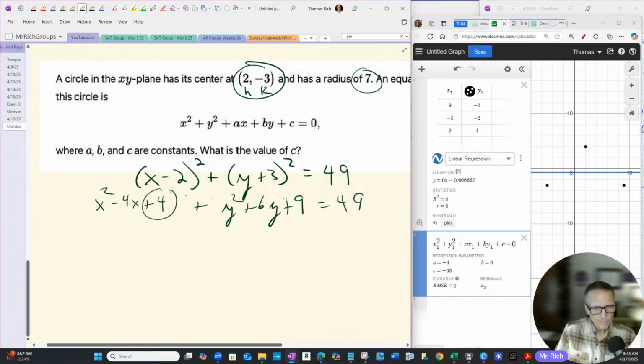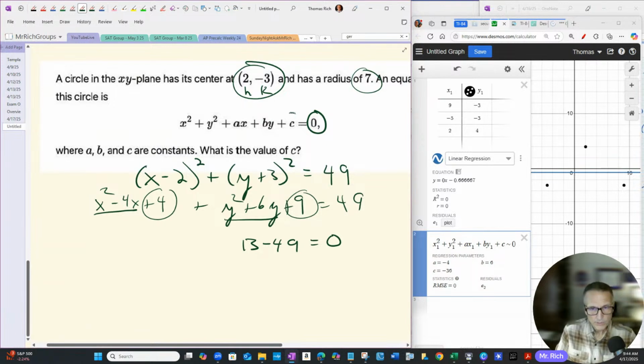And so here's a 4 and a 9, which combines to be 13. I notice I need a 0 over here, so I bring that 49 over, and I have a negative 49 equals 0.